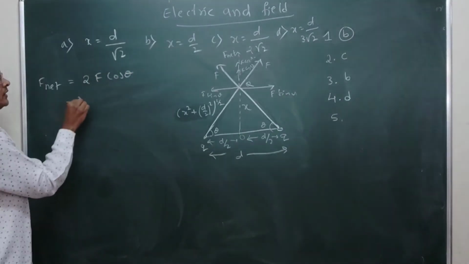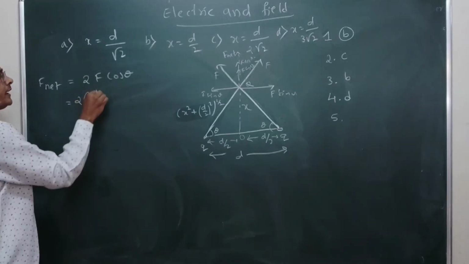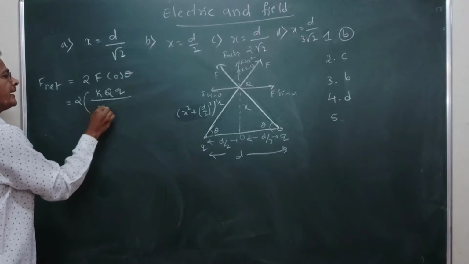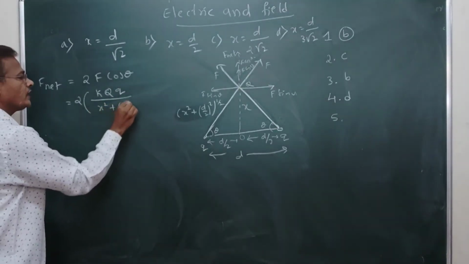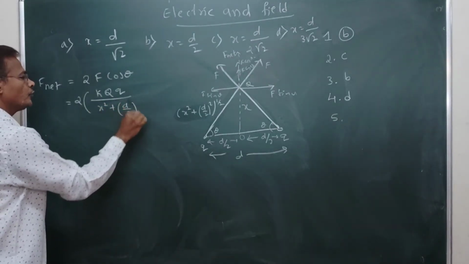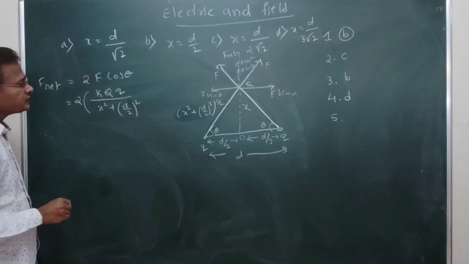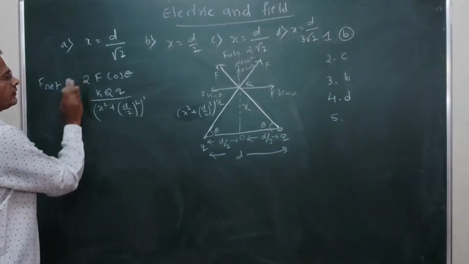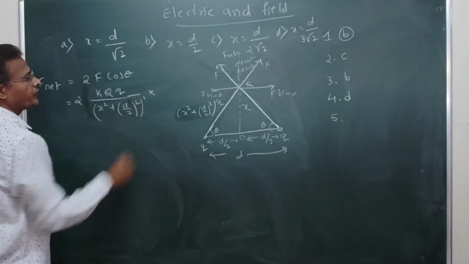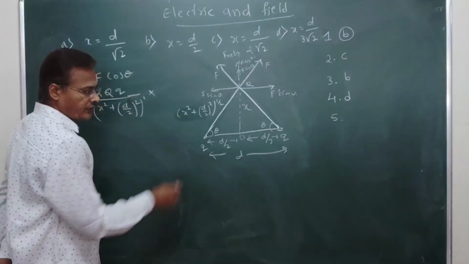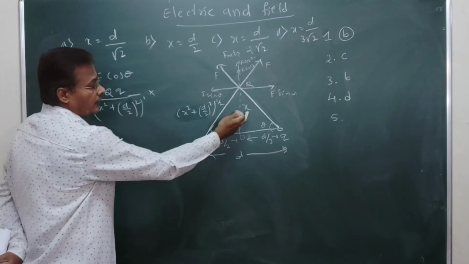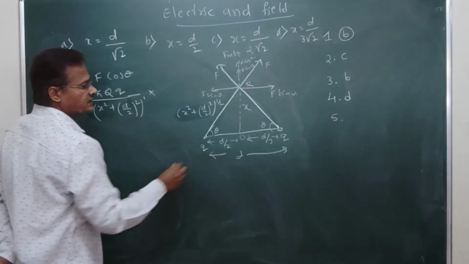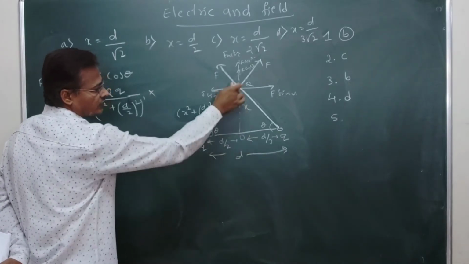Now we will substitute the force, that is K capital Q small q divided by x square plus d by 2 whole square, to the power of 1, into cos theta. Cos theta means adjacent divided by hypotenuse. This is the adjacent, that is what we are reading now.